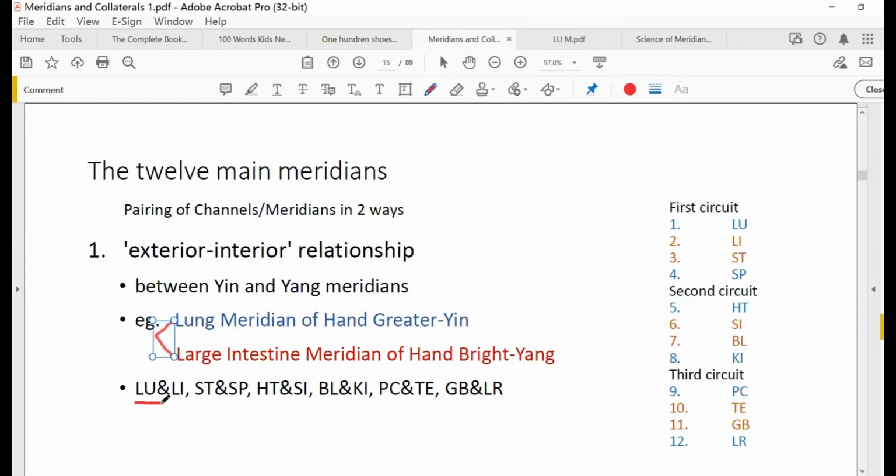Also, we have stomach, spleen, heart, small intestine, bladder, kidney, PC, TE, pericardium, triple energizer, gallbladder, and the liver. Take a look at this first circuit, the first 1, 2, 3, 4.